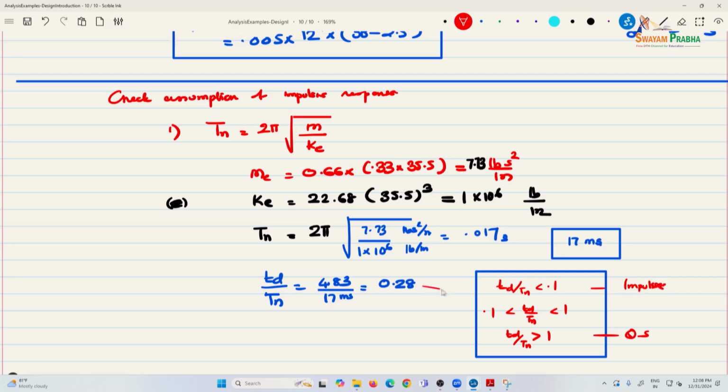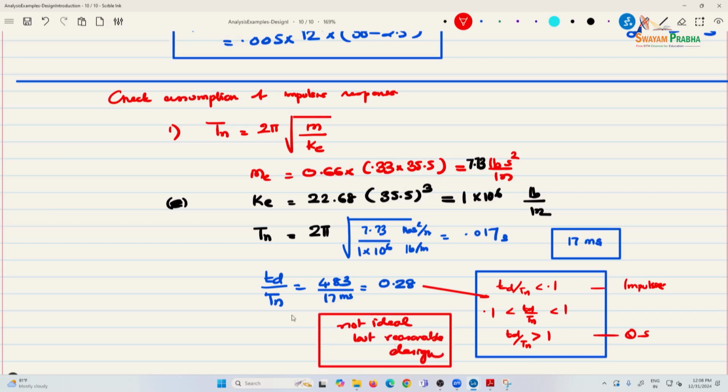So, we do fall somewhere here. So, our response may not be ideal, but a reasonable design. So, this is one way of doing things. It's a fairly straightforward method. Have any questions?